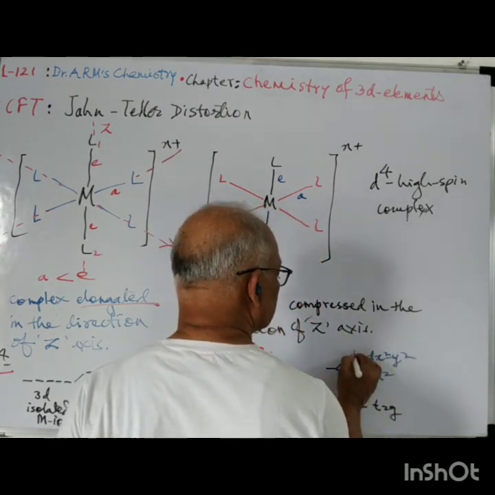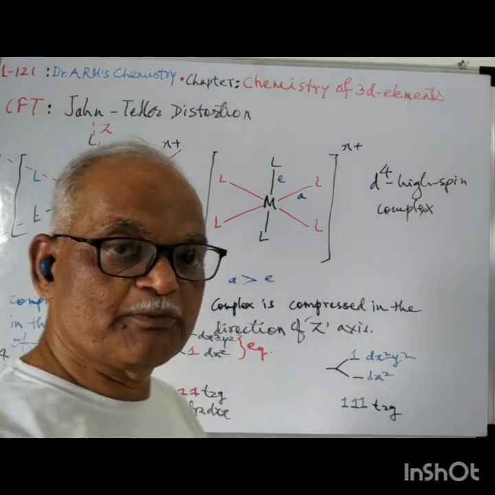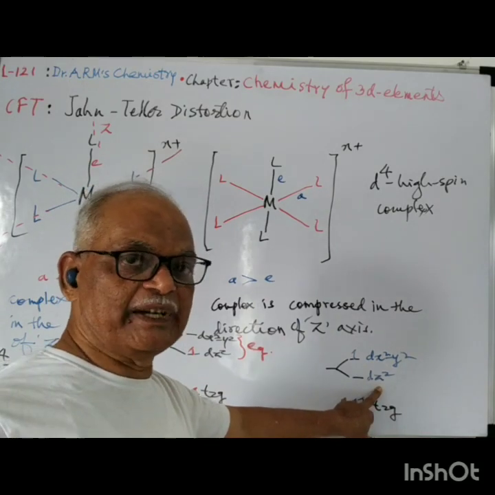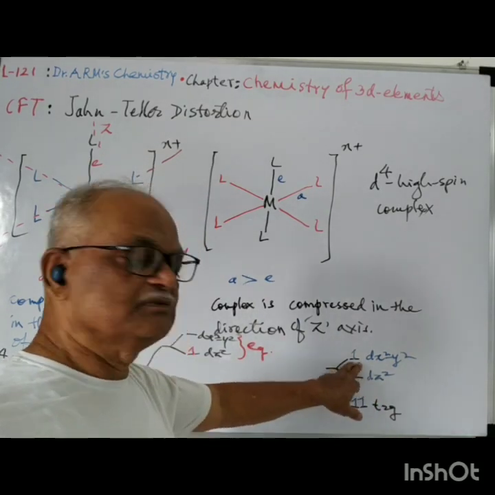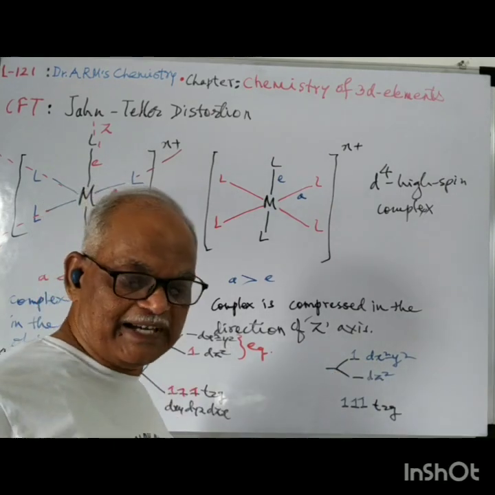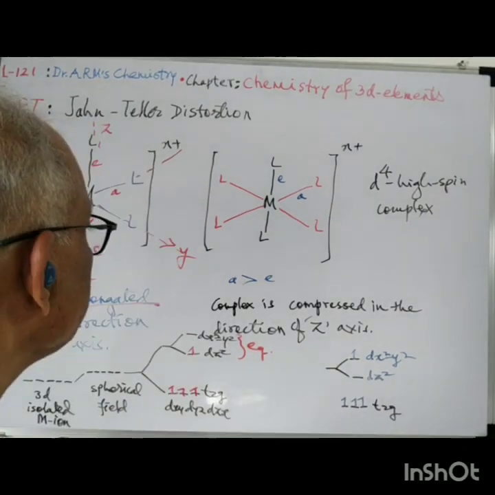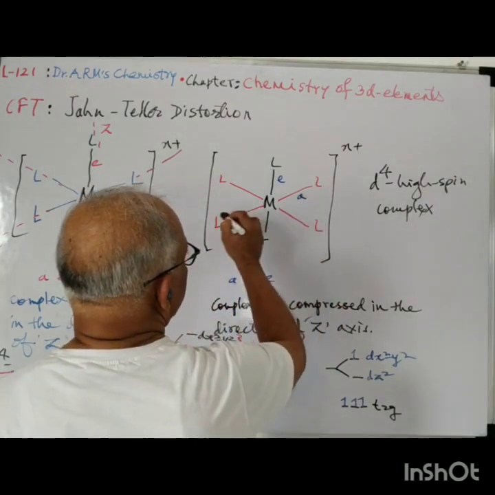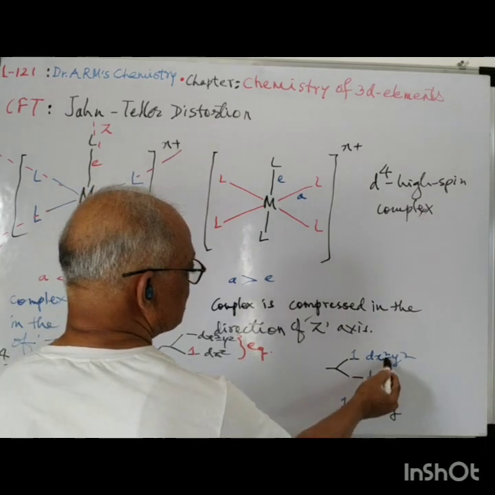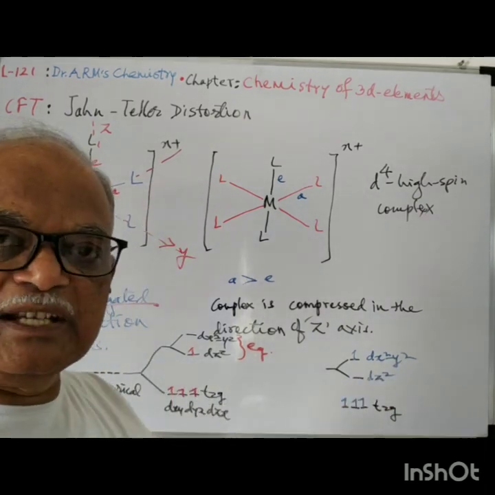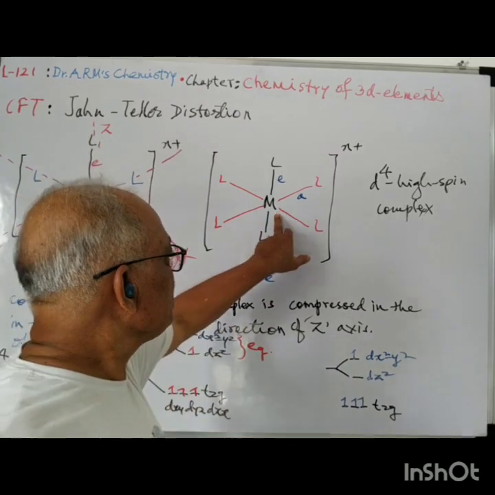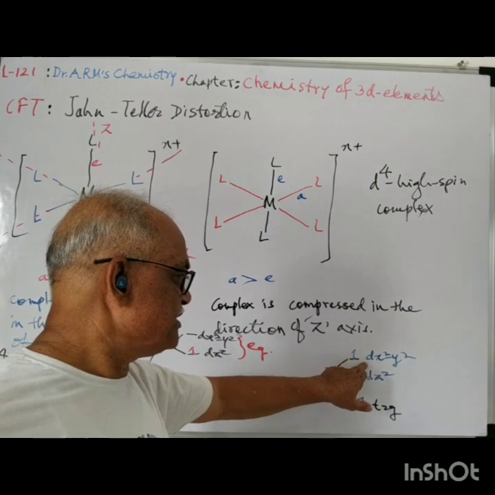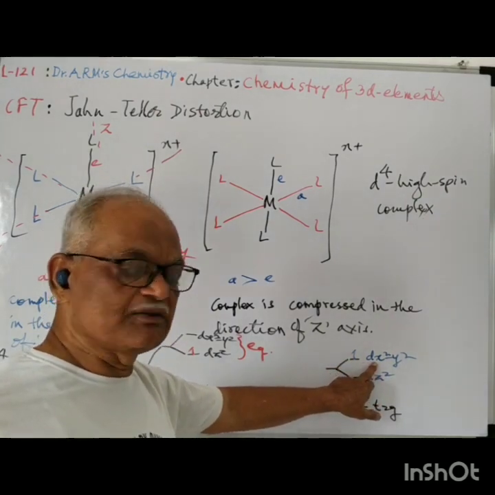So if that fourth electron goes here in dx2 minus y2, even though dz2 is lower in energy, if the electron enters this dx2 minus y2, then what happens? The ligands which are present in the direction of the x and y axis, that is dx2 minus y2, show repulsion with the electrons of the metal ion in dx2 minus y2.